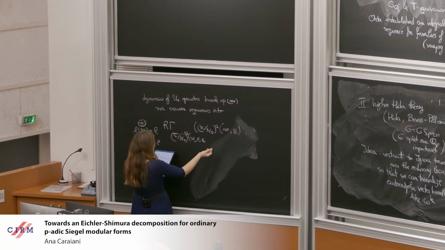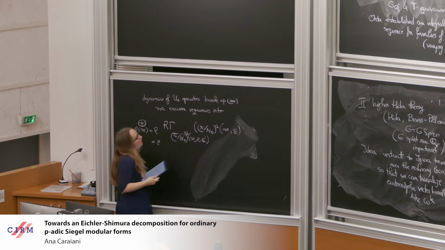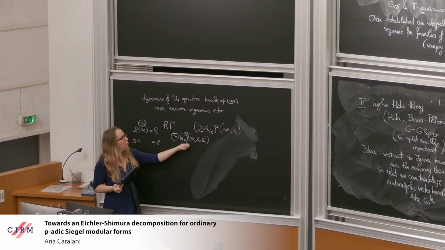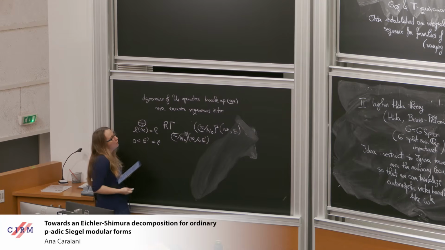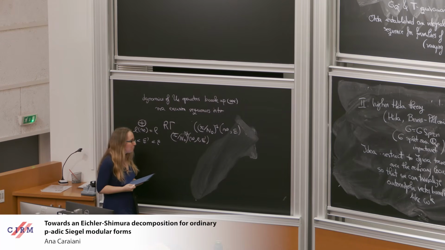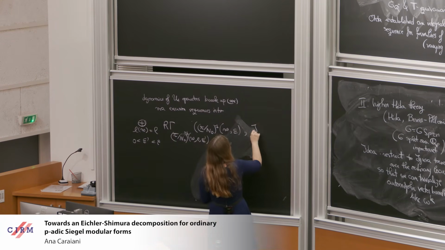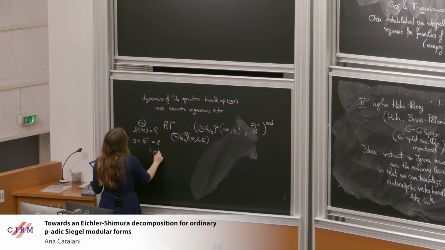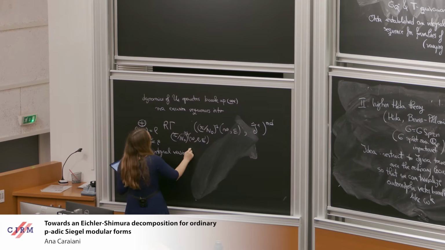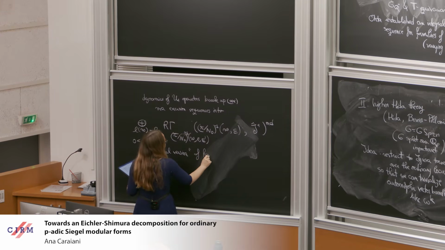In some directions that are given by root subgroups, it would still be radius epsilon, but in some directions it would be some radius strictly smaller, some epsilon prime. Okay, and then ideal sheaf of the boundary and take ordinary parts. So one way you can think of this is as some kind of integral version of Hida-Coleman theory.